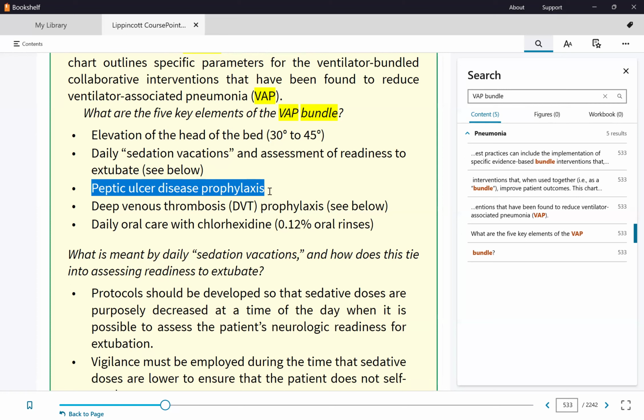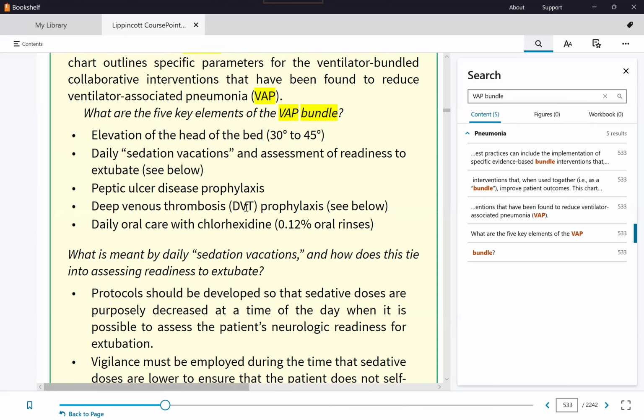Is that direct lung injury? Is that acute lung injury? Can that cause ARDS? Okay, so therefore it's part of the bundle. Okay, so ulcer prophylaxis is part of the bundle. What are those 2 drugs we use again? H2 receptor blockers and PPIs.